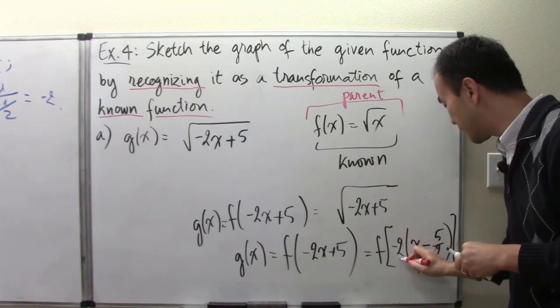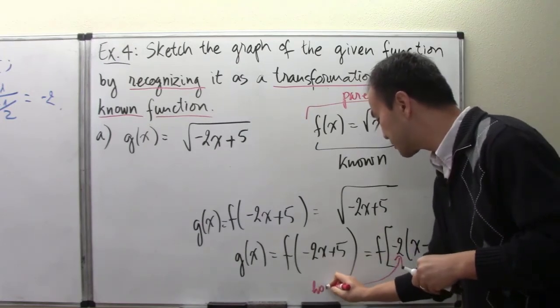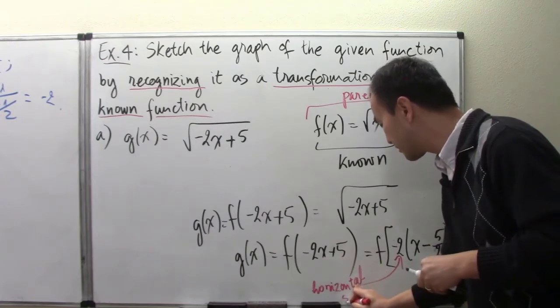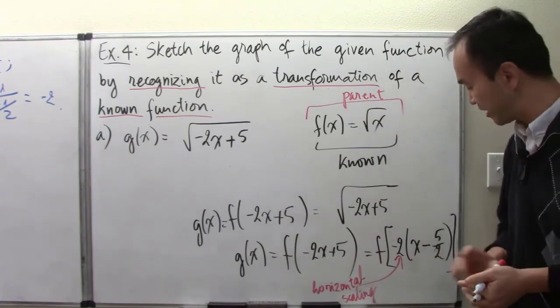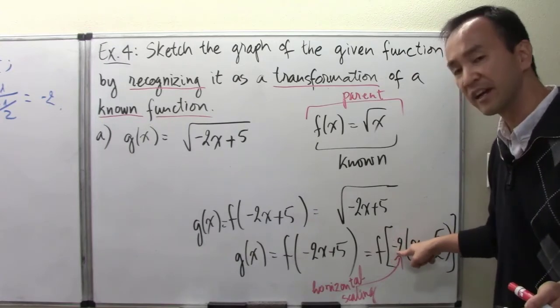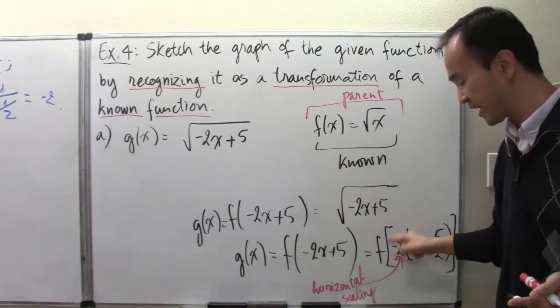And so now I know that this 2 right here is responsible for horizontal scaling. This horizontal scaling may or may not have a flip, and in this case it has a negative sign, so it will have a flip due to that negative sign.